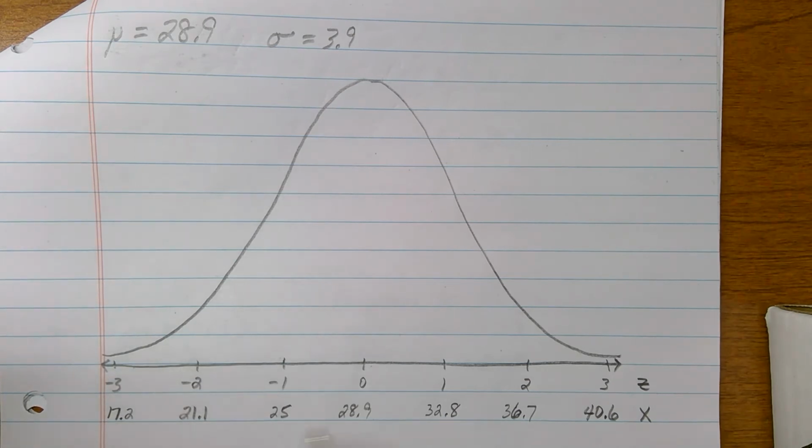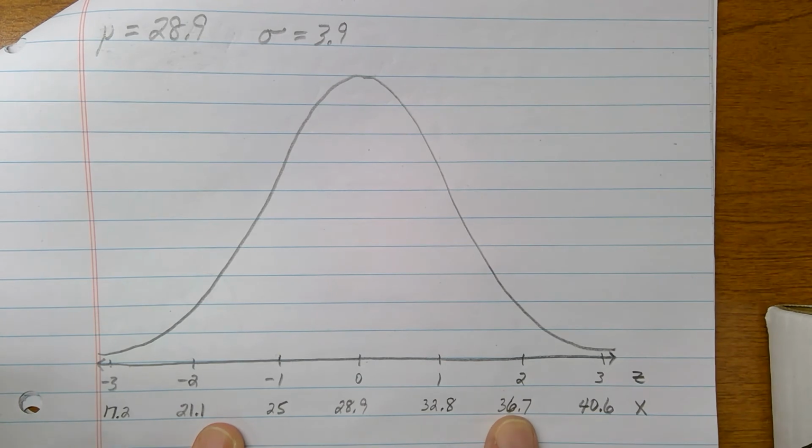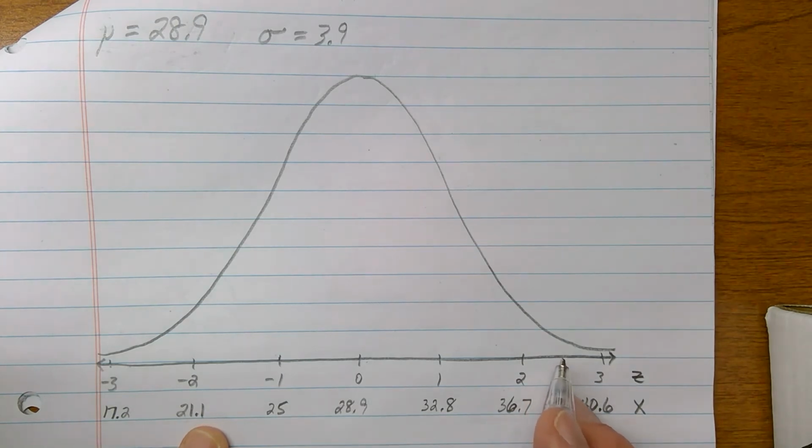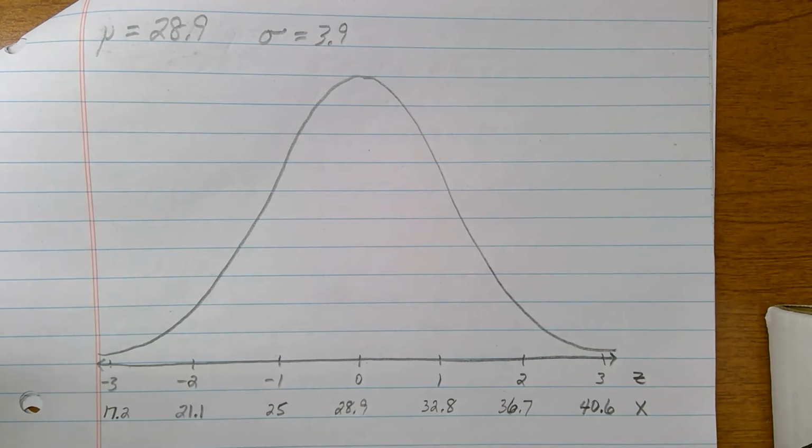Those are outliers. So 40.6 is unusual. That's an outlier. 17.2, that's unusual. Now 21.1 and 36.7, that's a little bit low and a little bit high, but they're still within the normal range. We don't really hit abnormal until we get out to about 2.5 steps above or below the average.